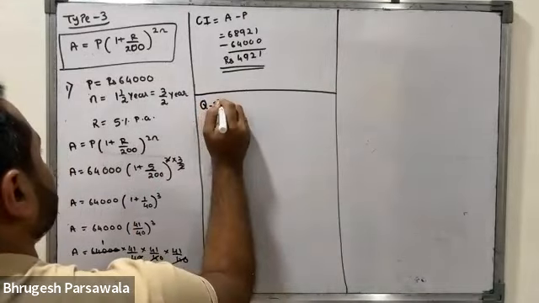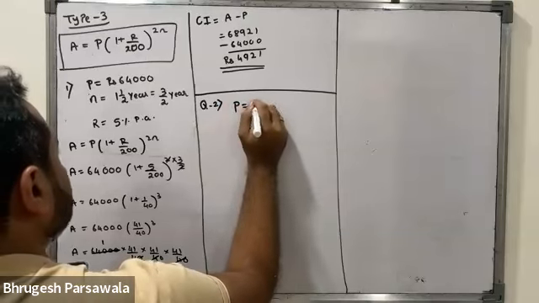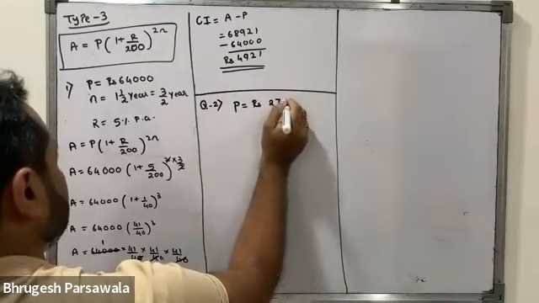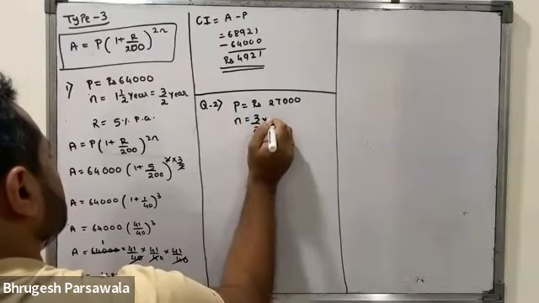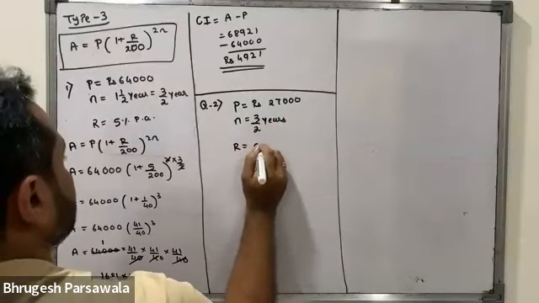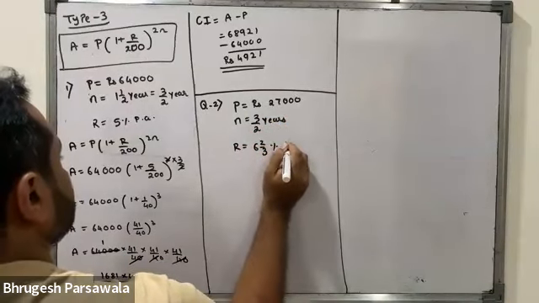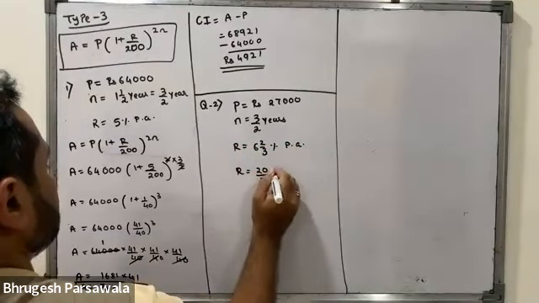Question number 2. Calculate the amount and CI on rupees 27,000 for 3/2 years at a rate of 6 2/3% per annum. So rate is 20/3% per annum.